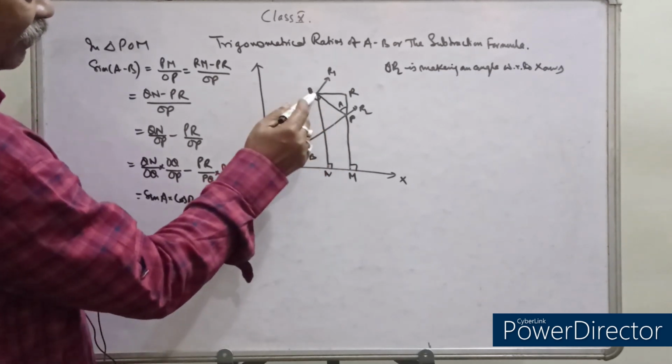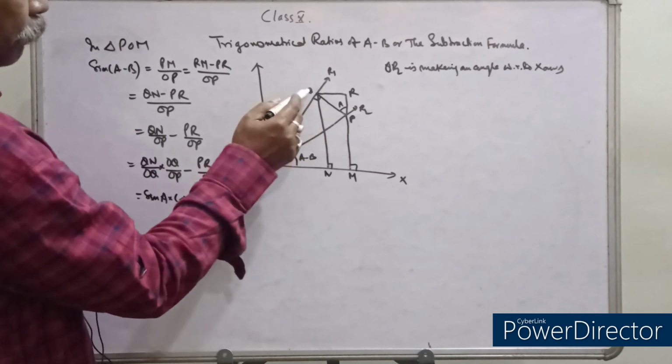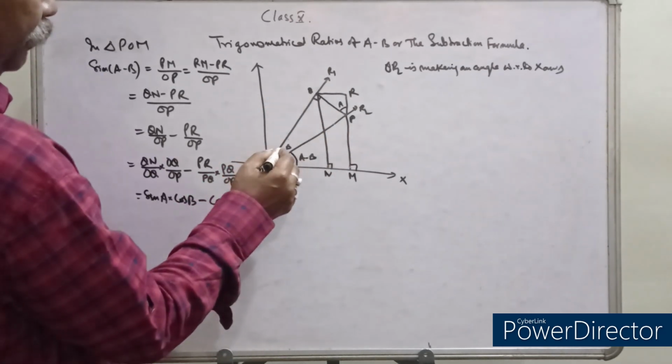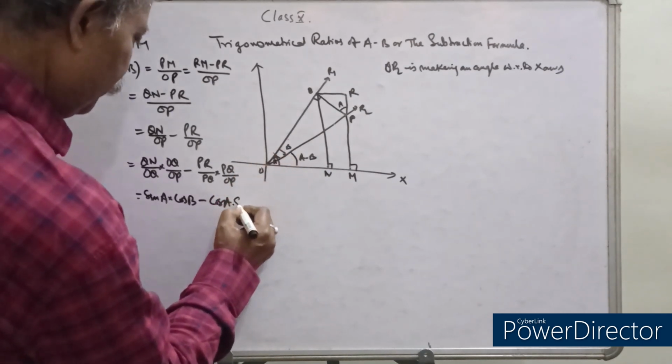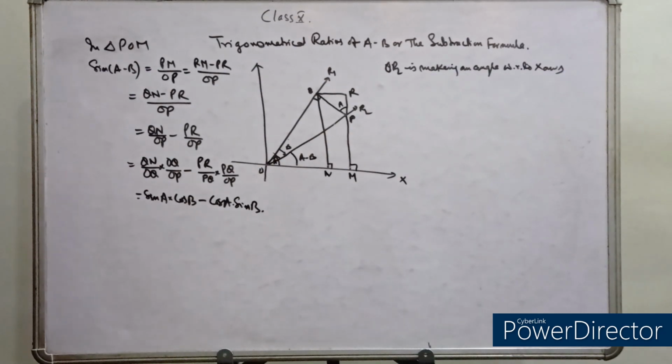PQ is the perpendicular and OP is the hypotenuse, so PQ by OP is sine B. So this is your formula: sine of A minus B equals sine A cos B minus cos A sine B.